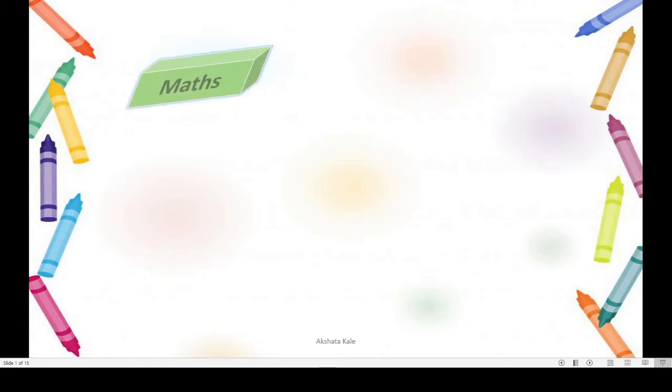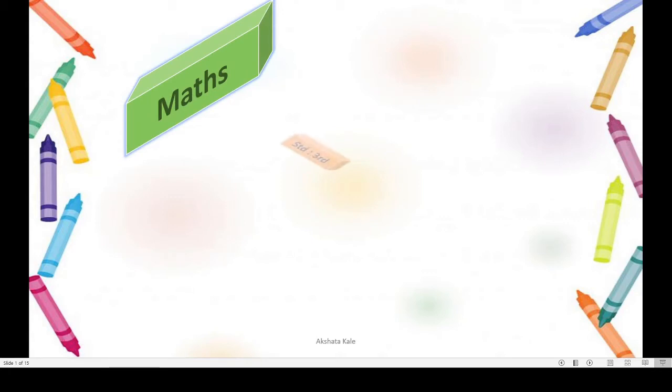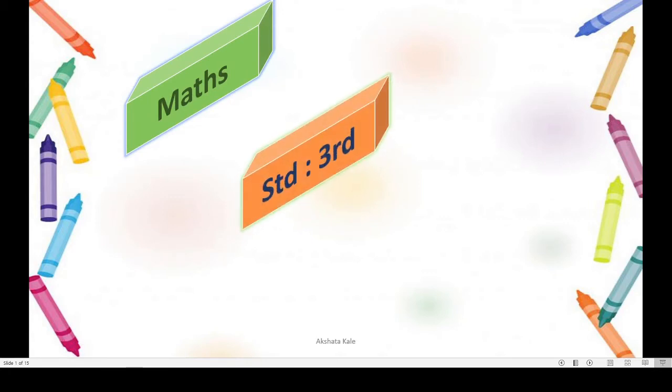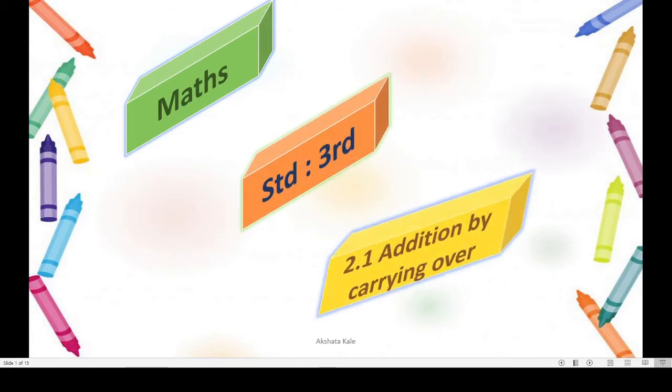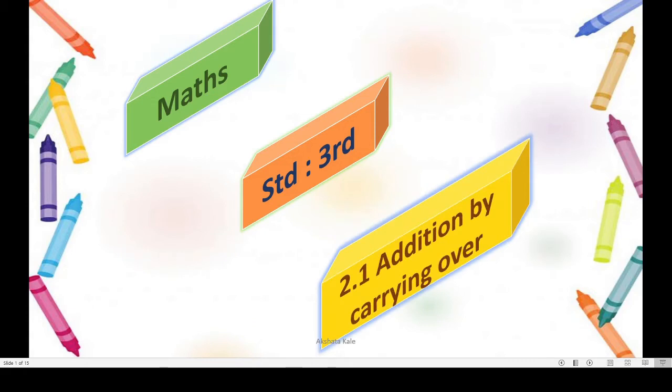Subject is Maths of Standard 3rd and the name of the topic is 2.1 Addition by Carrying Over. Children, this is the first topic from the second semester. Now this is about addition. You know units, tens, hundreds, correct?